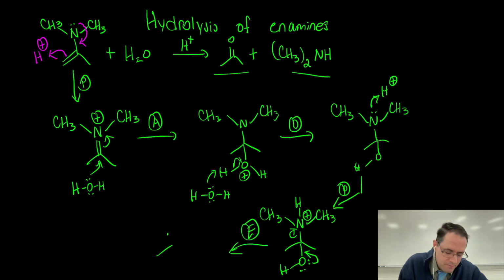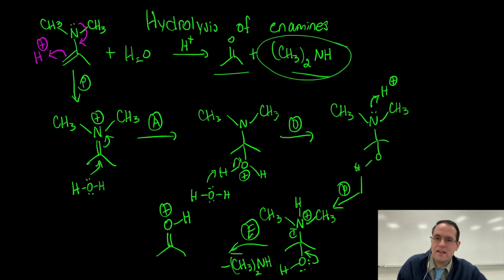And what we can do now is to kick off the nitrogen. And I'll draw my carbonyl pointing upwards in the usual fashion. And below the arrow, I'll just say minus (CH3)2NH. That's the leaving group. That's that product there. And you can see here we're almost to acetone. We just need to deprotonate it.